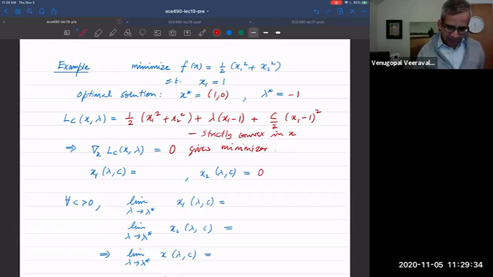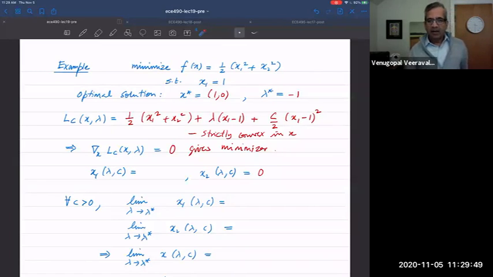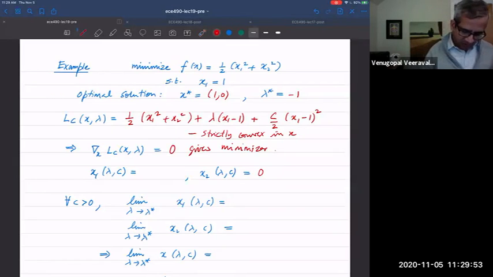And x1 can be obtained by taking the derivative with respect to x1 and setting it equal to 0. So you get x1 plus lambda and then C times x1 here. When you combine all those things, you get that x1 should equal (C minus lambda) divided by (C plus 1), sorry.